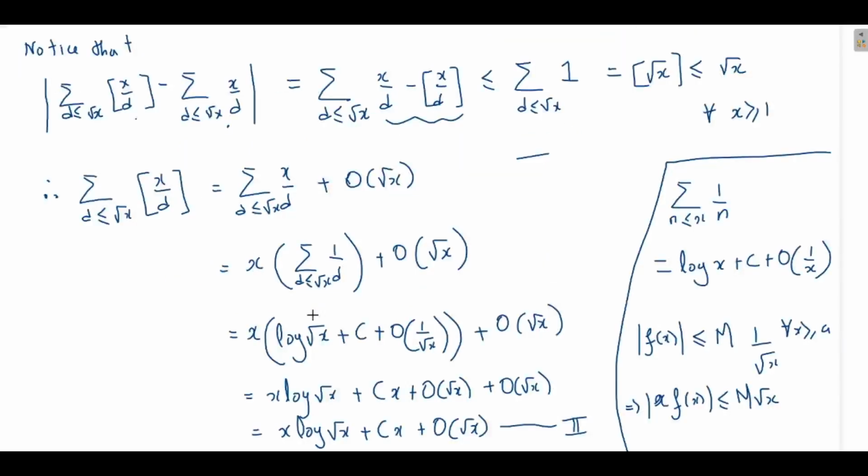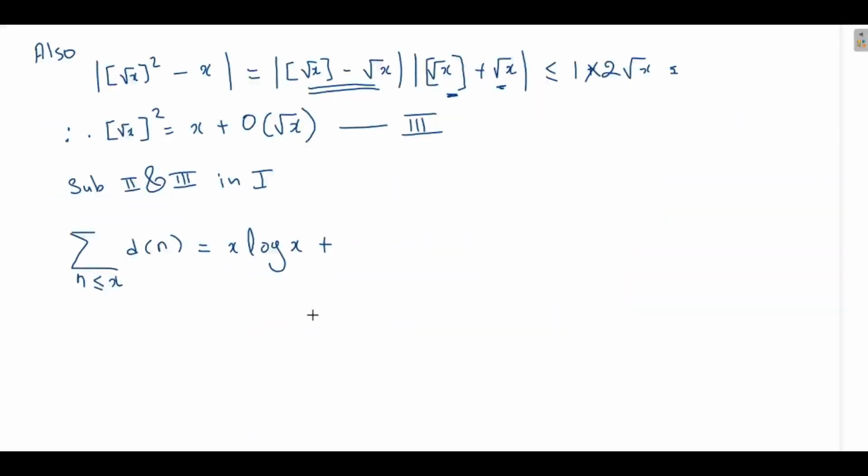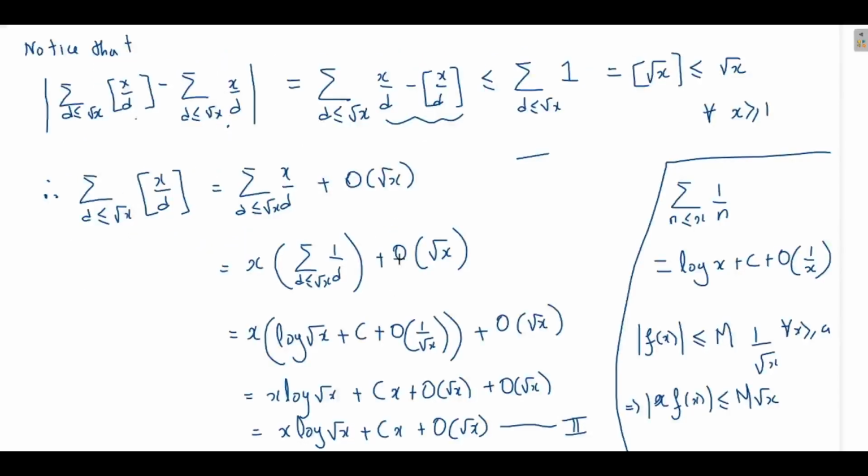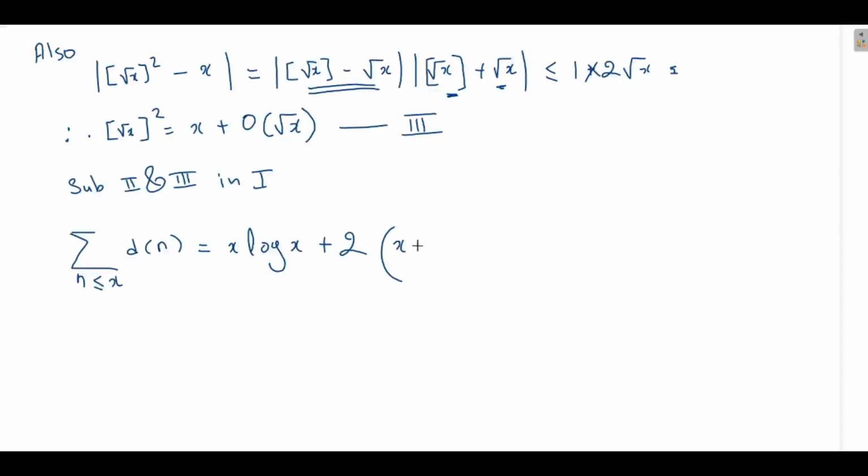What you will have is twice, so you have 2 times, what you have here is x log root x plus cx plus big O of square root of x. So it is x log root x plus cx plus big O of square root of x. This is what you have.